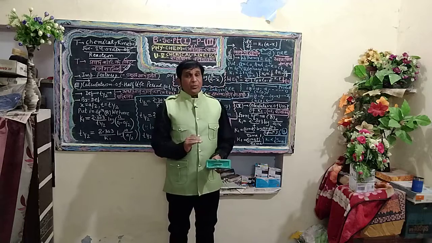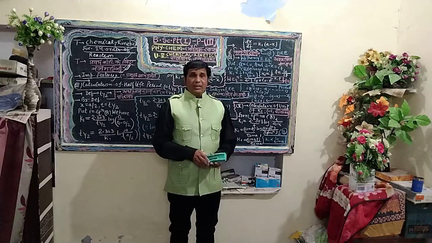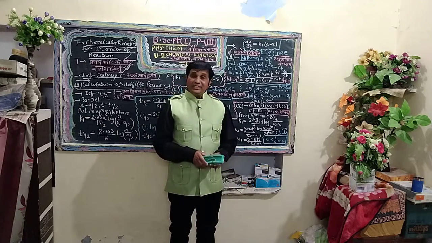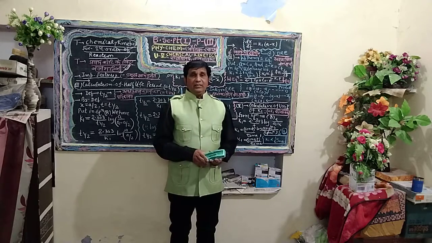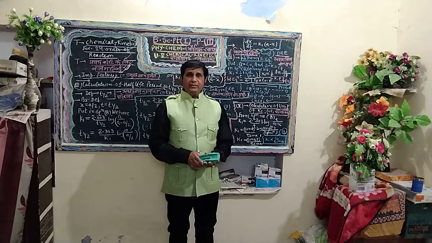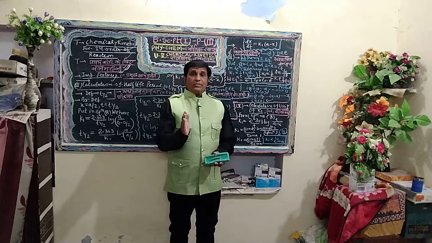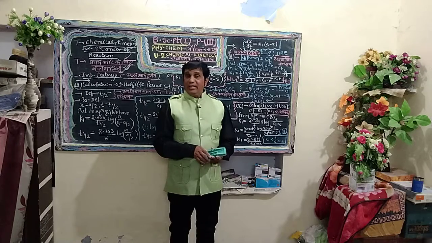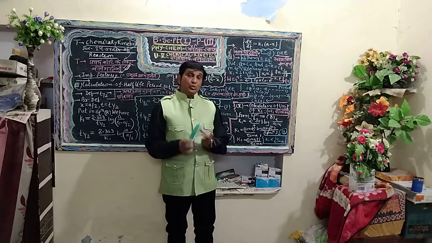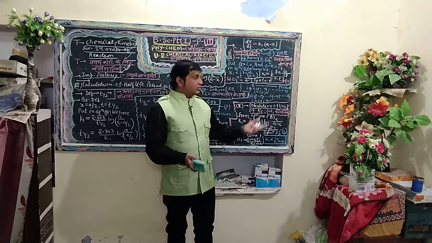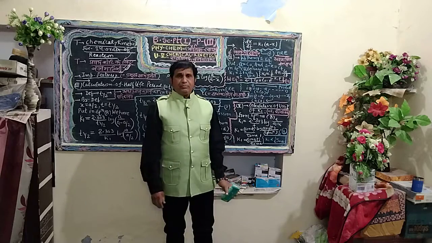The rate equation, rate law, is the essential equation which concerns the mutual relationship between three important quantities: velocity constant K1, rate of the reaction dx by dt, and the concentration chosen at time t.